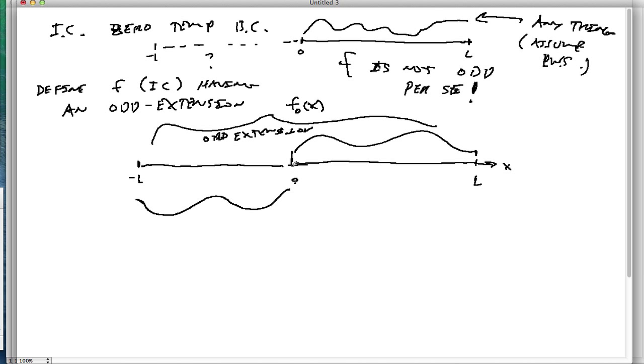All right, so in this case, f of x, our initial condition, is going to be equal to the odd extension on the interval 0 to L, and then it'll be equal to the negative version of it on the backside there, into the negative values.